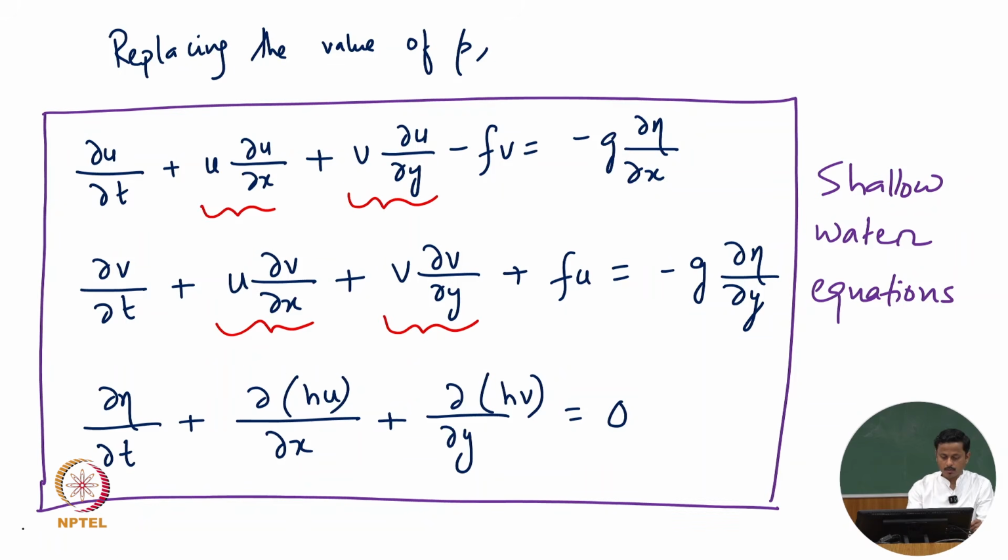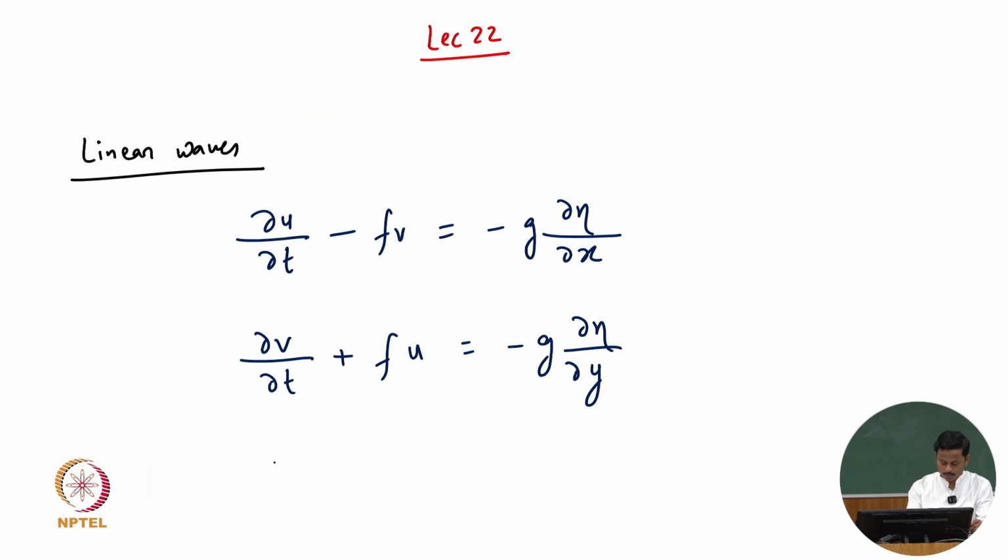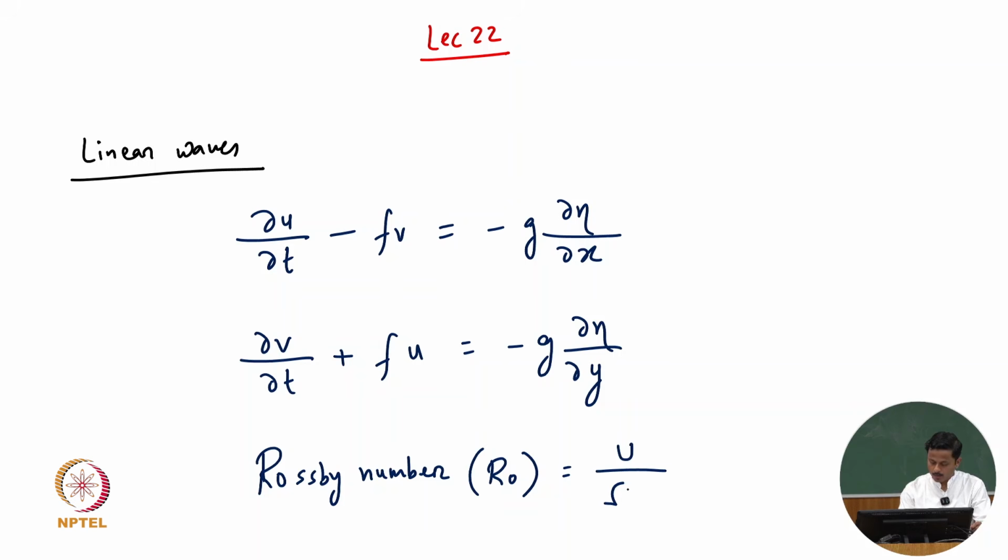The terms that are marked in red here are neglected with the assumption that the Rossby number, which is equal to u by omega L, is much less than 1. In that case, the Coriolis acceleration dominates over the convective or advective acceleration terms.